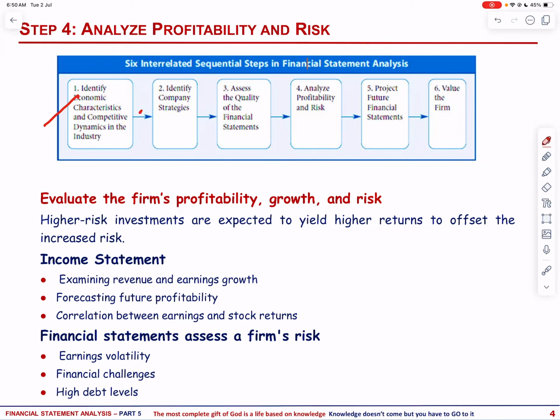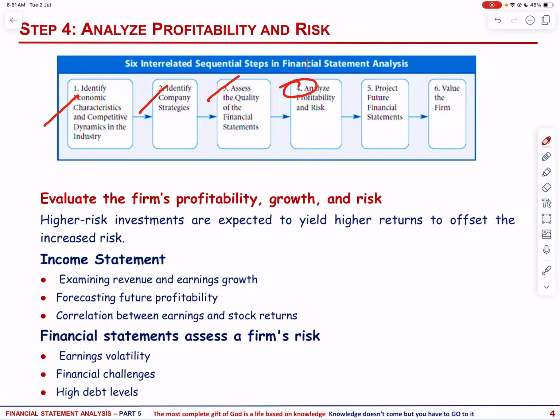The second step was to understand the specific strategies the firm uses to compete. And the third step was to analyze the financial statements and assess their quality. In the fourth step, we will evaluate the firm's profitability, growth, and risk.